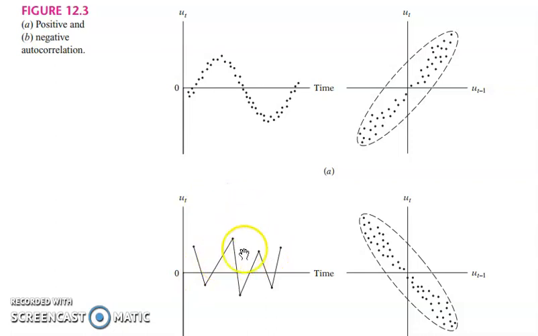This flipping shows the negative relationship between the error terms. So this shows a negative autocorrelation. You have to understand that the axes are different. This one is plotting u_t against time. This is u_t against u_{t-1}.